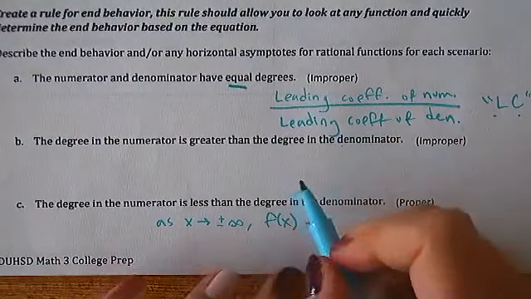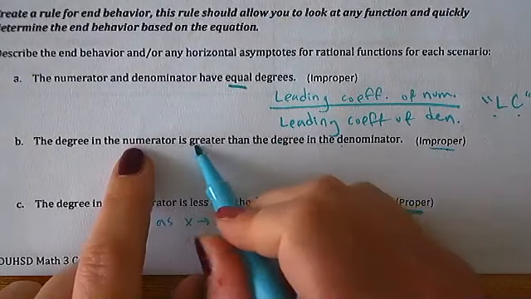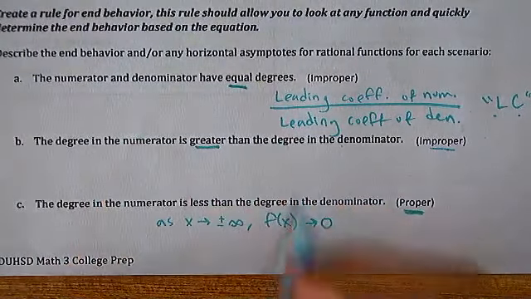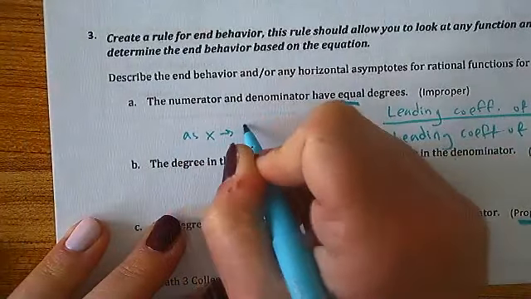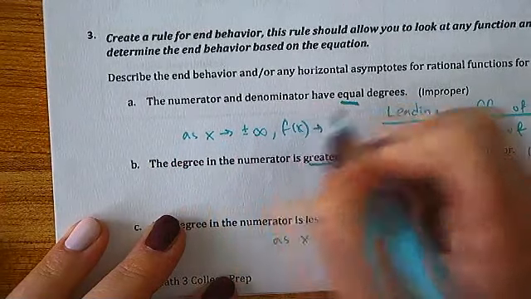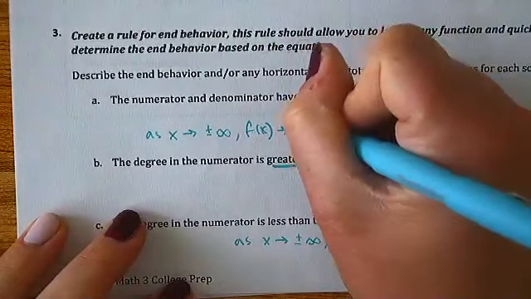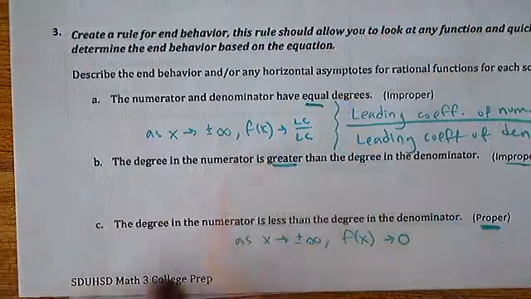And then lastly, how do you find improper when the numerator is greater than the denominator? Oh, let me finish this one actually. So as x approaches both, f of x will approach, I usually write it like leading coefficient divided by leading coefficient. So something like that. Okay.